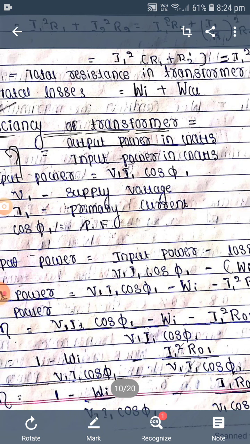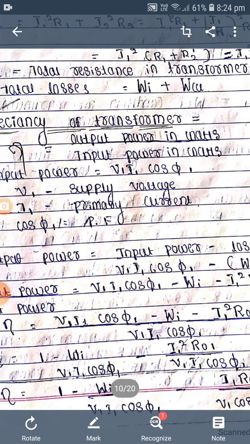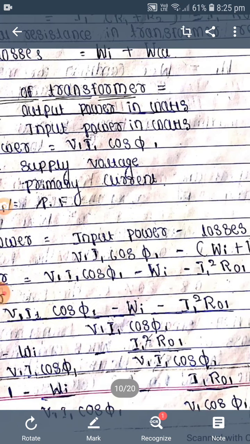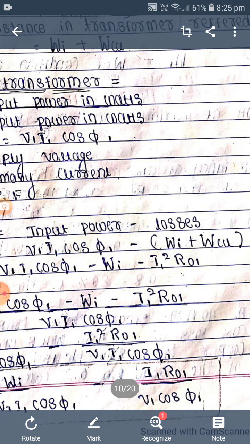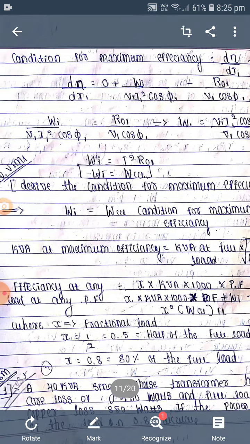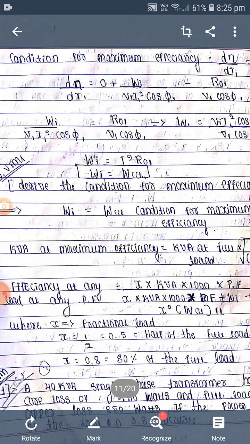Then the I1 cancels. So efficiency is equal to 1 minus Wi by V1 I1 cos phi 1, minus I1 R01 by V1 cos phi 1. This is the efficiency equation. Next we will look into the condition for maximum efficiency.